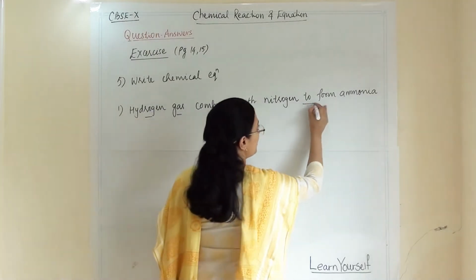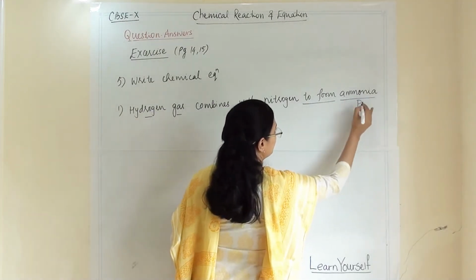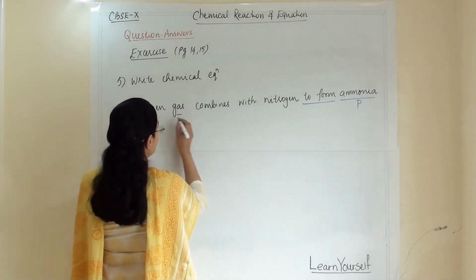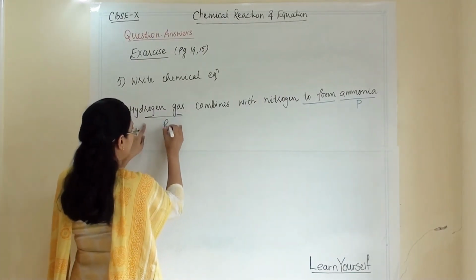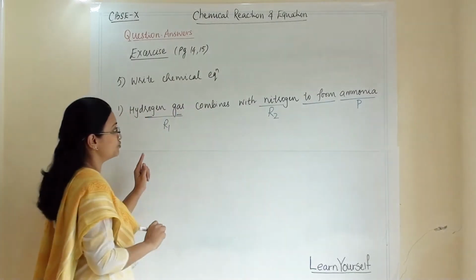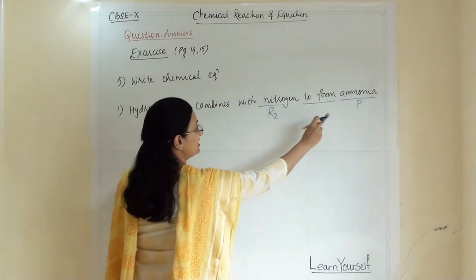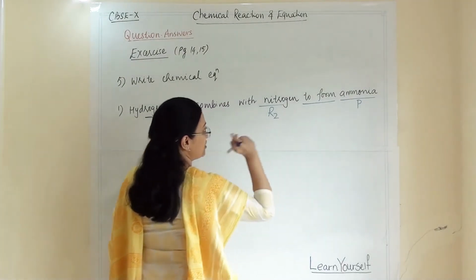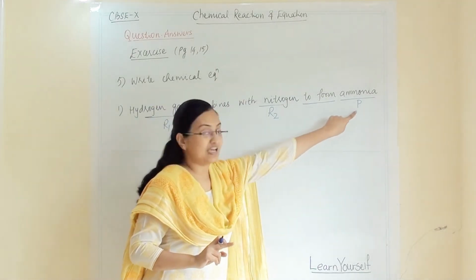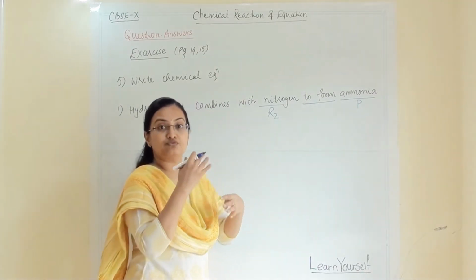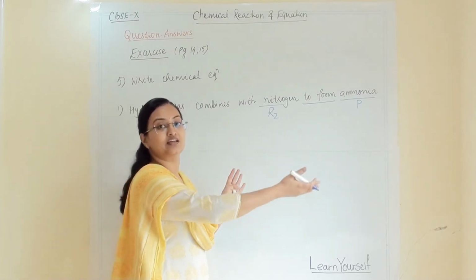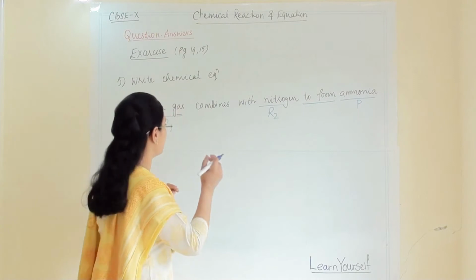To form ammonia means this is our product, and hydrogen gas combines with nitrogen, that means this is our reactant 1, combines with nitrogen, so this is our reactant 2. So these 2 reactants will give us this product, but it is not necessary that there can be only one product. We have to see from the reactants that if anything is extra, then it will be our second product.